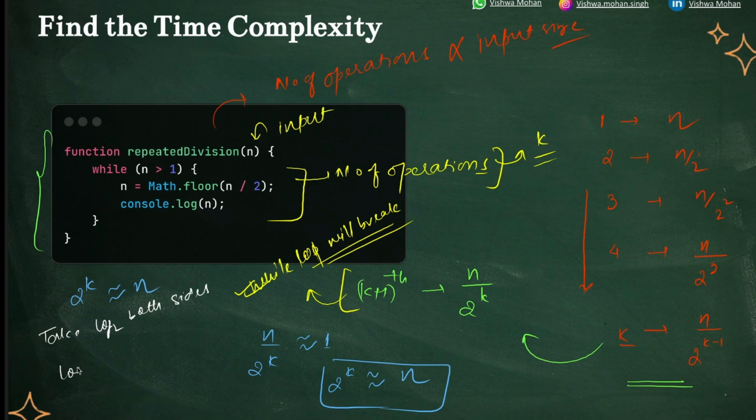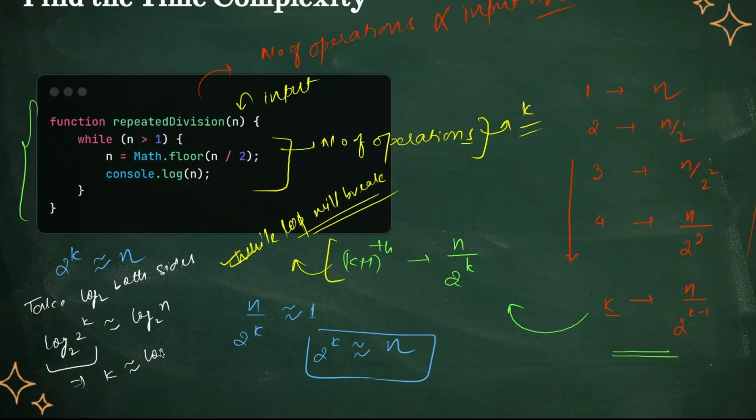When I do this, this becomes k log 2 proportional to log n base 2, and k becomes proportional to log n base 2.